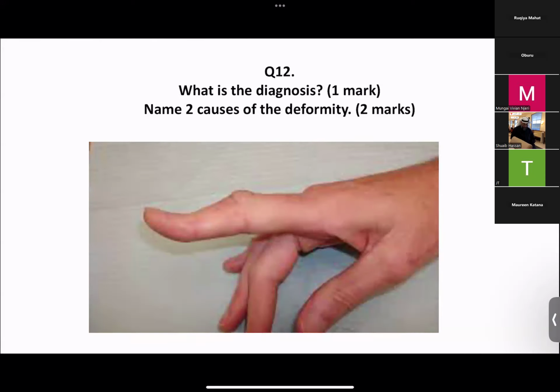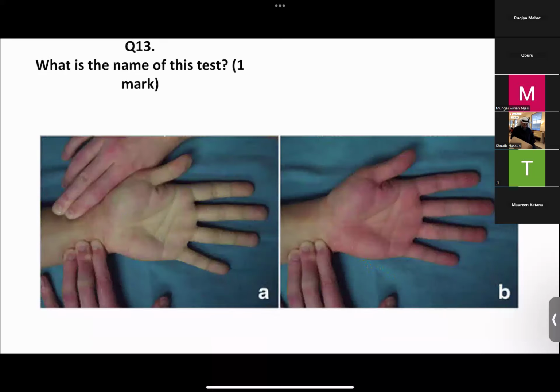So this one we all know. What's the diagnosis? Boutonniere deformity. And sometimes I ask, what is injured in Boutonniere? It's the central slip, okay? The central slip is what is injured. These are Allen tests.